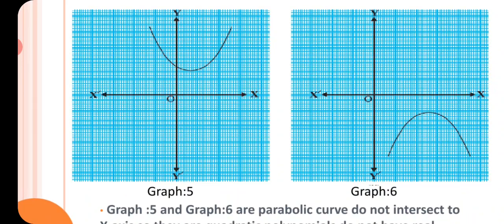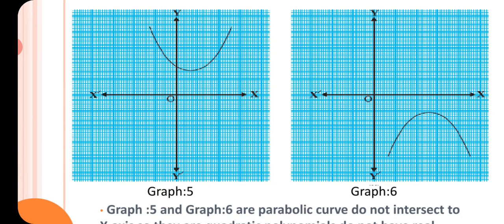Graph 5 and graph 6. What is the speciality of 5 and 6? Can you guess? Both are in one half plane of the x-axis, either upward or downward. Graph 5 is upward to the x-axis and graph 6 is downward to the x-axis. They do not intersect the x-axis anywhere.